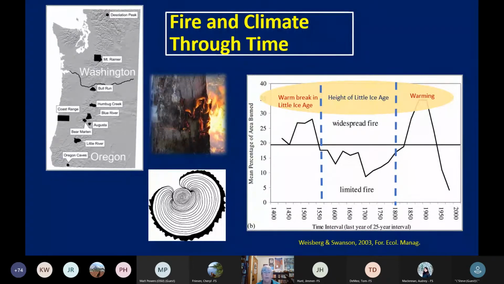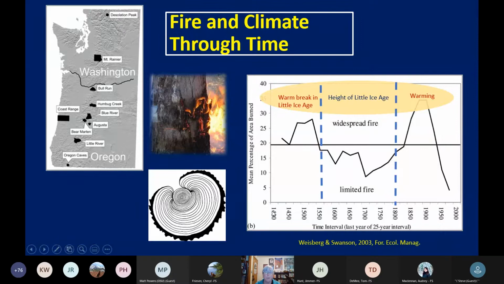They then calculated an average burn across the time period, and you can see that as the horizontal line up here at 20%. Then they went ahead and placed the acres burned through time, as you can see on the x-axis.